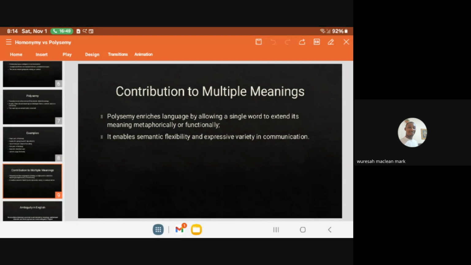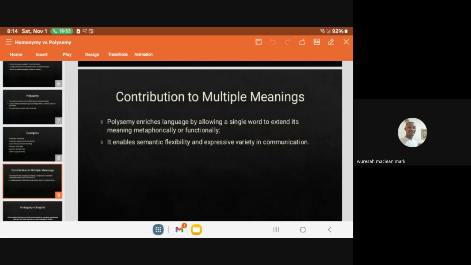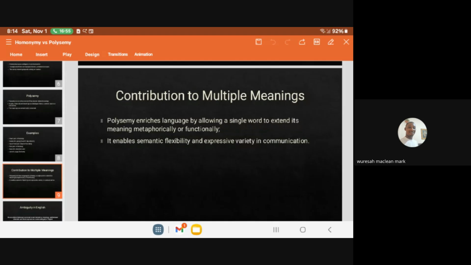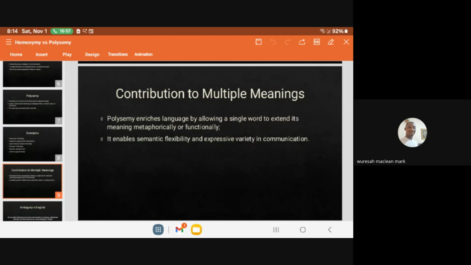Even if it's metaphorical, the meaning will still be related to other situations in which you have used that particular word.